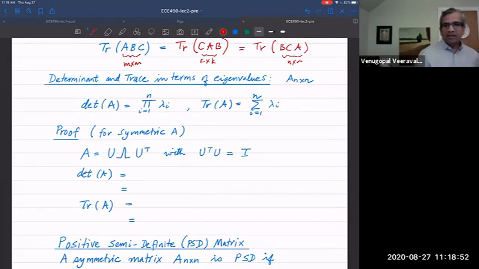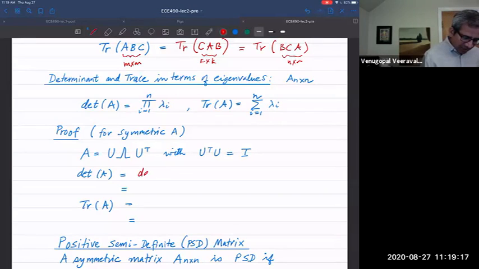For a symmetric matrix, we already showed that I can write it as U lambda U transpose, where U is this orthogonal matrix, right? And since U transpose and U will have the same determinant, and since U transpose U is equal to I, each of the U's actually has determinant equal to 1. So we're going to exploit that.